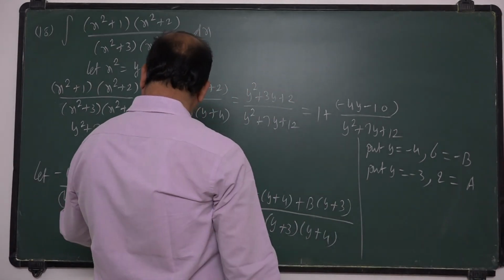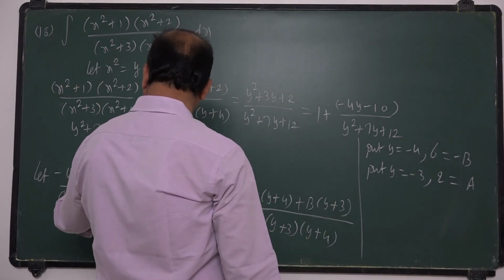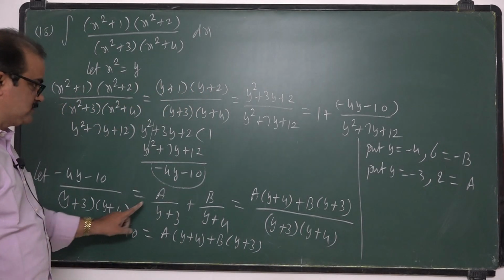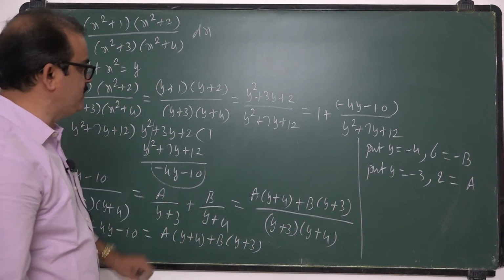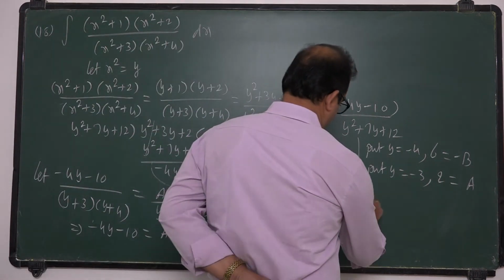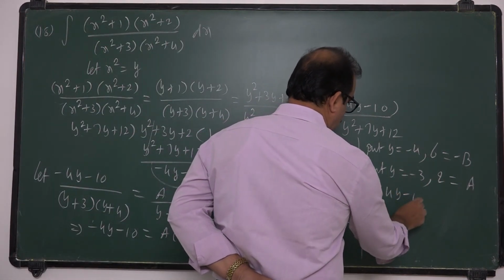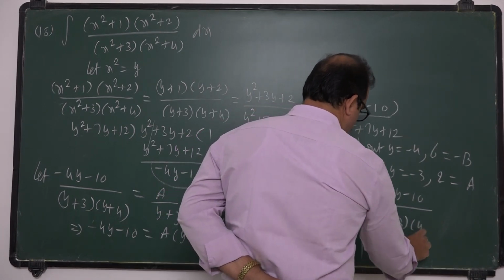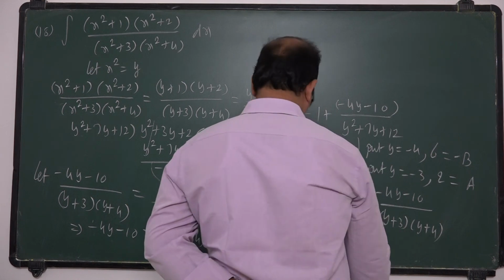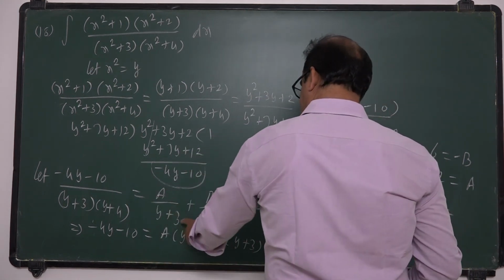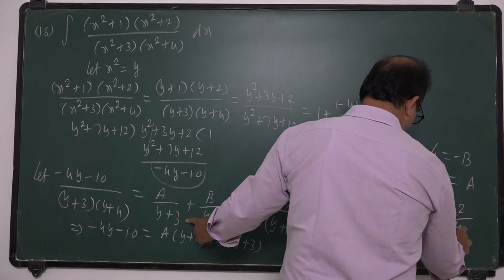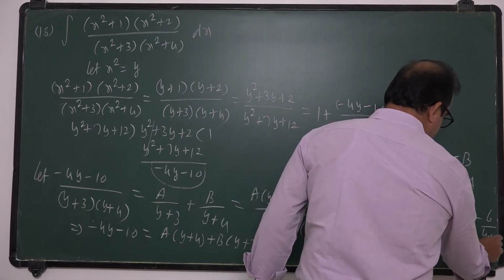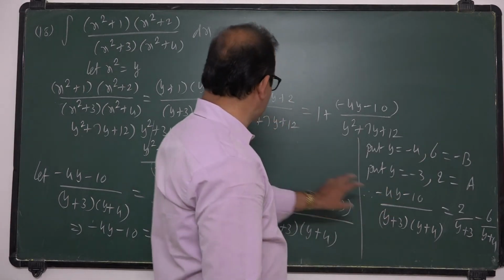So therefore, this minus 4y minus 10 by y plus 3 into y plus 4 is equal to, substitute a value and b value here. a value 2 by y plus 3, b value minus 6 by y plus 4. Now substitute this value here.